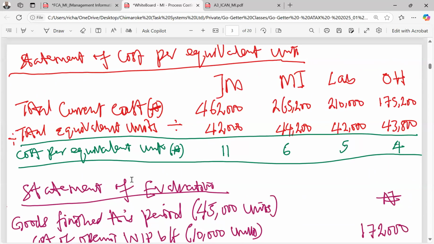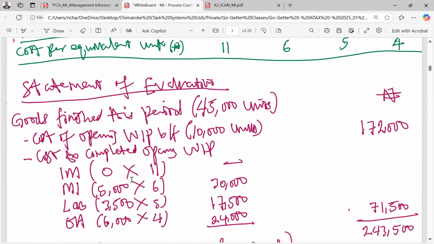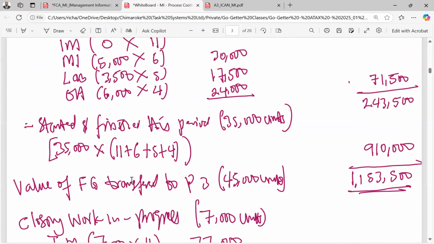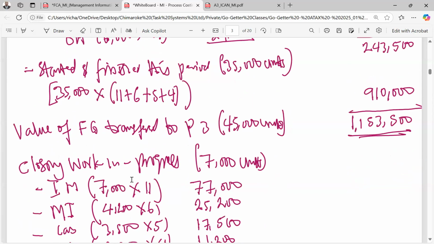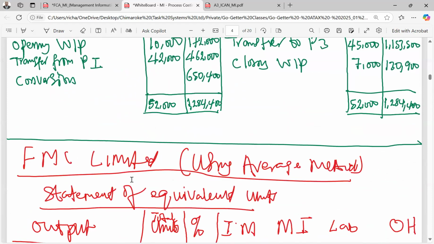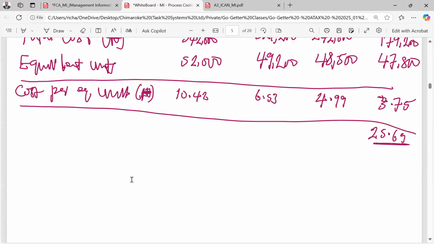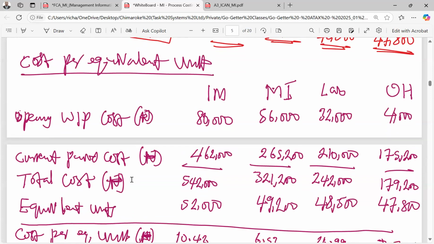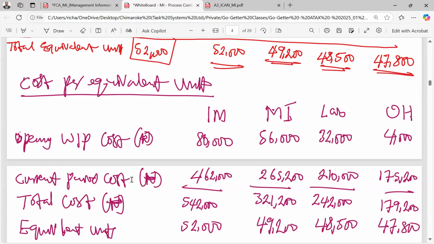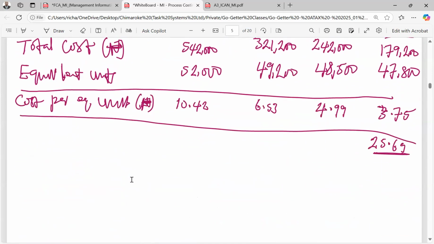When you add all of these, you are getting 26. But I said before, you would have evaluated them one by one. So in this average method, I want to explore that aspect of multiplying them individually. Now that we have done our first, the equivalent unit, and second, the cost per equivalent unit, then comes the statement of evaluation.